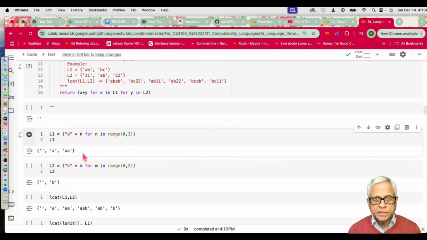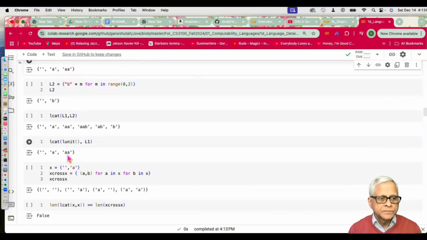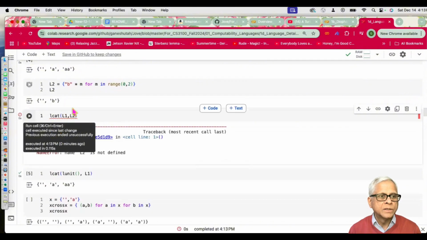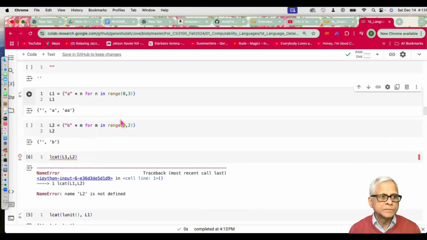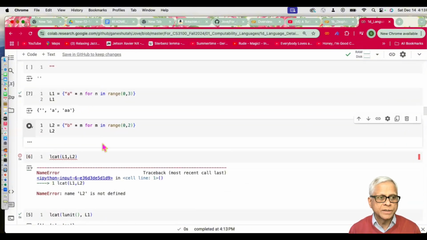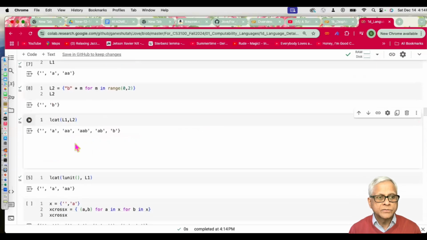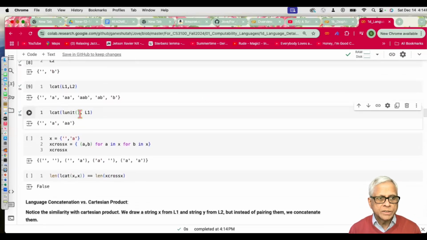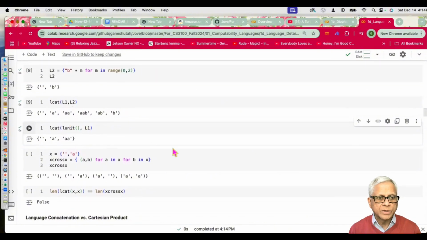So this is a way to generate it in Python as a set comprehension. And then we can generate concatenation of unit to L1, where L1 is already defined, I think. So let us define L1. I think it's defined. L2 is defined now. Now the concatenation of L1 and L2 can be understood. And then the concatenation of the unit with L1 returns L1. You can test that.